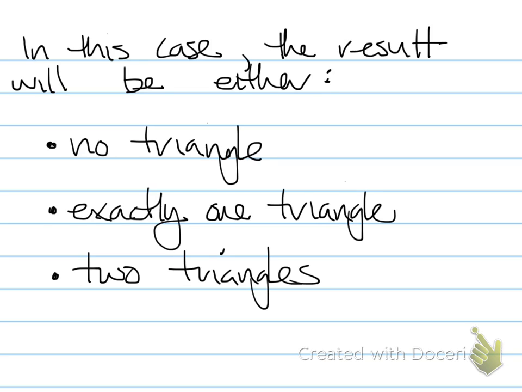So in this case, the result will be either no triangle, or exactly one triangle, or in the case of the previous slide, you could get two triangles that are formed.